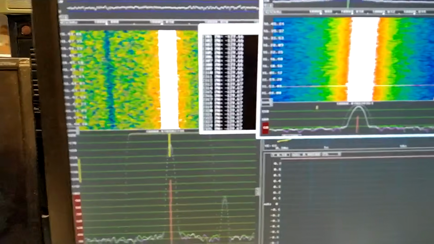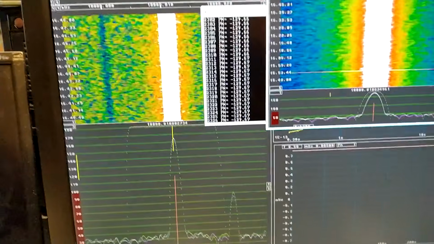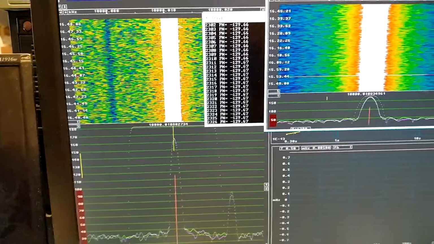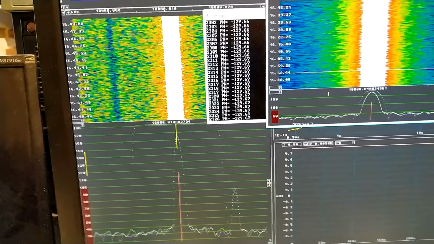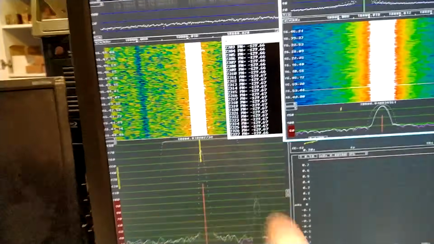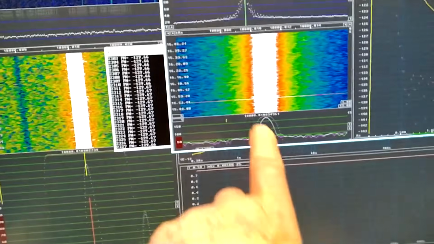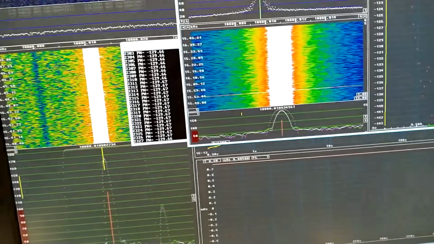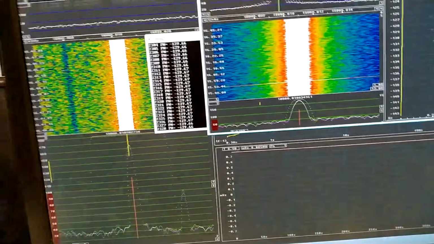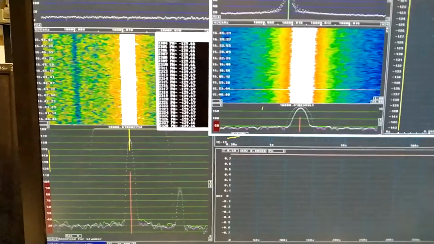I have reduced the crystal current to 0.55 milliamps, and this has degraded the phase noise, as I see here. And here was an event, and that contributes to the degraded average phase noise.